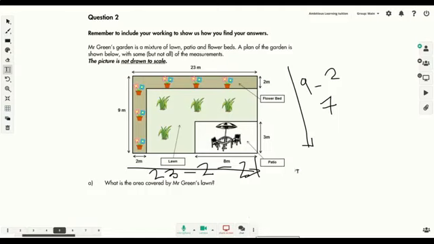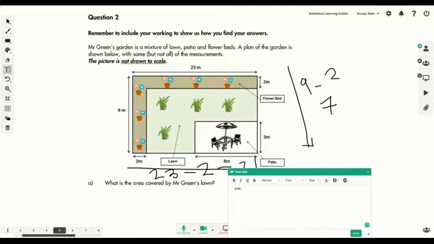To find out what area is covered, the formula you're going to use is area of lawn and patio minus area of the patio.